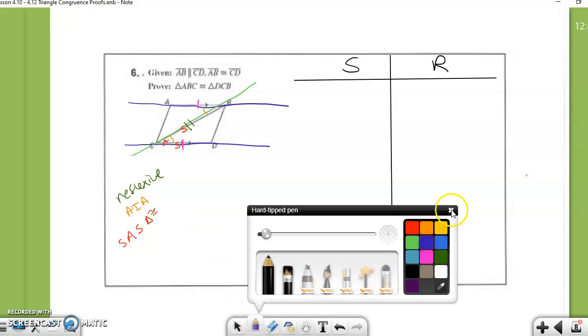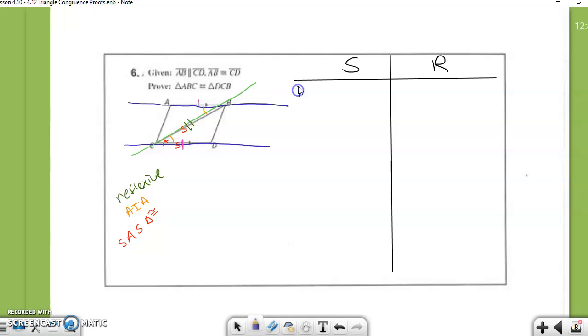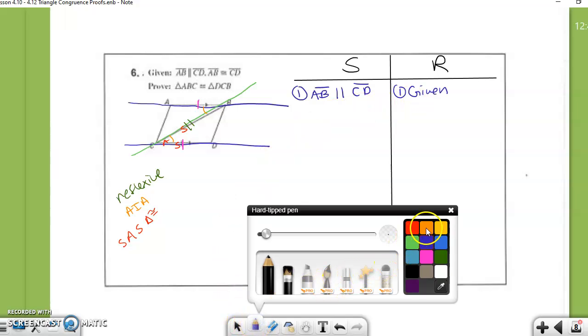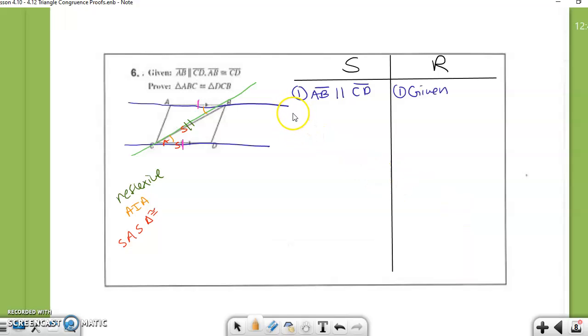So I'm going to start with that given information that I used first, which is AB is parallel to CD. Well, that did allow me to say that, because of those parallel lines, I've got that angle DCB is congruent to angle ABC.